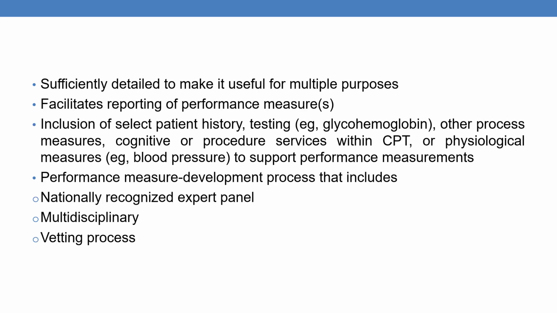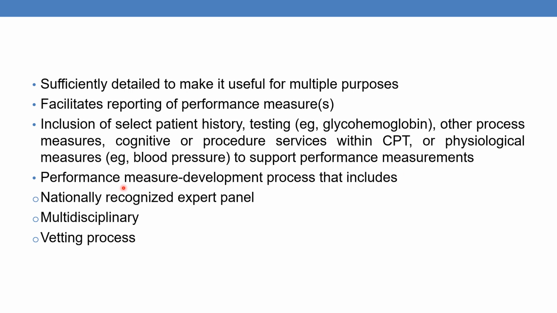In addition to the previously listed criteria, category 2 codes must be sufficiently detailed to make them useful for multiple purposes. They must facilitate reporting of performance measures and inclusion of select patient history, testing and other process measures. It can be either a cognitive or procedural service within the CPT or a physiological performance, for example blood pressure, to support the performance measurements.